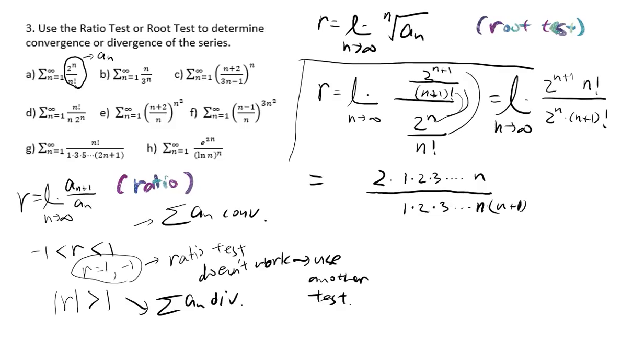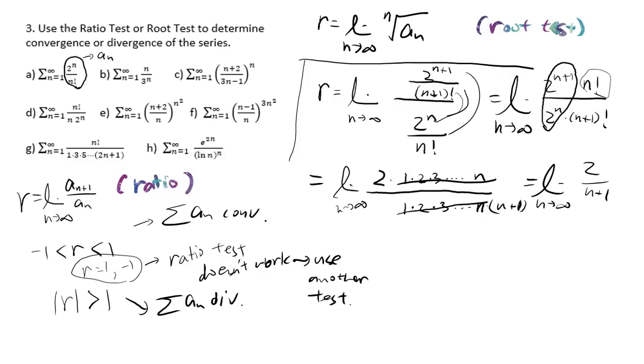Alright, so to explain myself again, if you simplify, this is simply 2 by itself. And n factorial is here, and n plus 1 factorial is here. Now we cross out everything that's common in top and bottom. That gives us the limit n going to infinity of 2 over n plus 1.